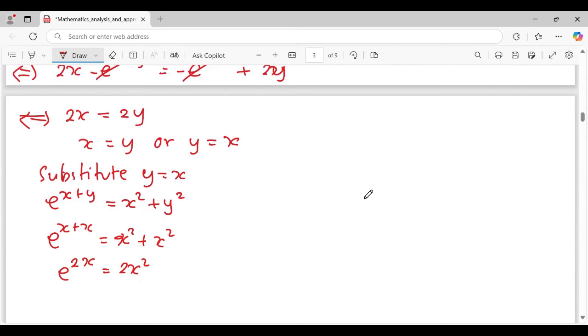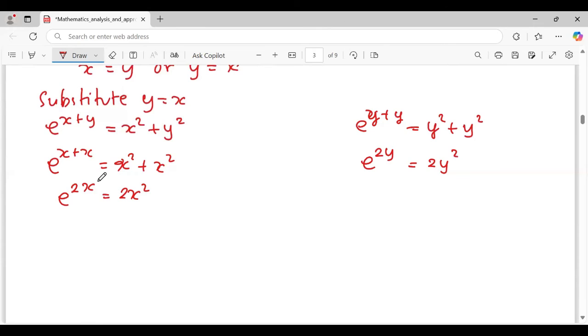And the second one is e power y plus y equals y squared plus y squared, so e power 2y equals 2y squared.